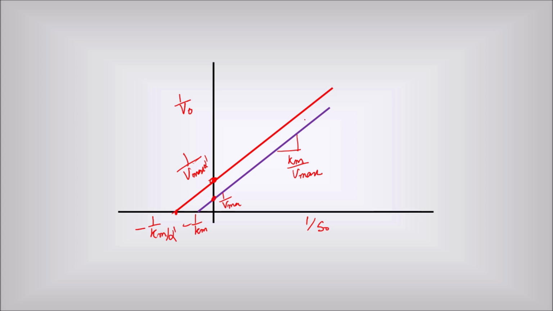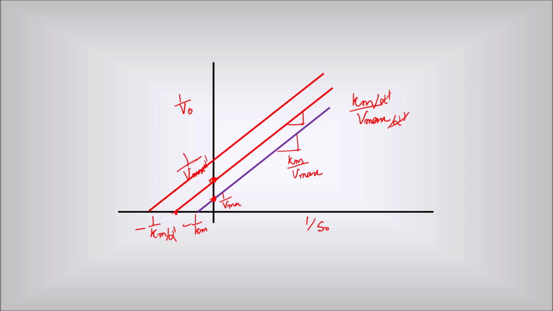But if we take the slope of Km by Vmax, the slope will not vary, because even if the alpha dash factor is here, it will be cancelled out. So without affecting the slope, the values of Km and Vmax will vary. So these were all about the uncompetitive inhibitor.